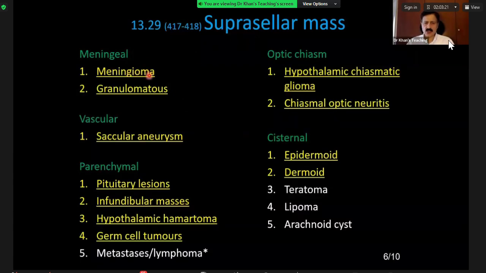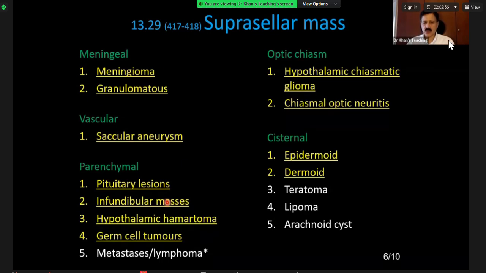So suprasellar masses: meningiomas, very important. Granulomas, for example sarcoidosis, TB, extremely important. Aneurysms can be there. Now look here, parenchymal, pituitary lesion. Now pituitary lesion per se is a differential diagnosis. And then infundibular masses. So these are the masses which arise from the infundibulum.